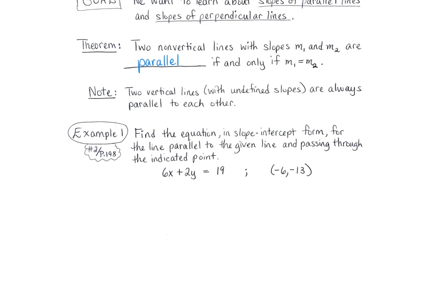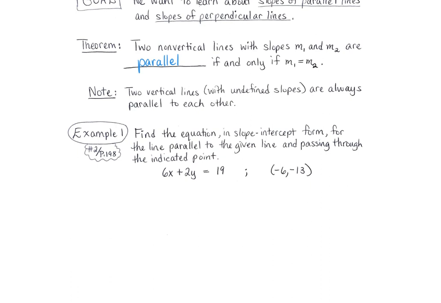So, in example 1, we want to find the equation in what form? Slope-intercept. In slope-intercept form for the line that's parallel to the given line and passing through the indicated point. Curb your enthusiasm just a little bit.